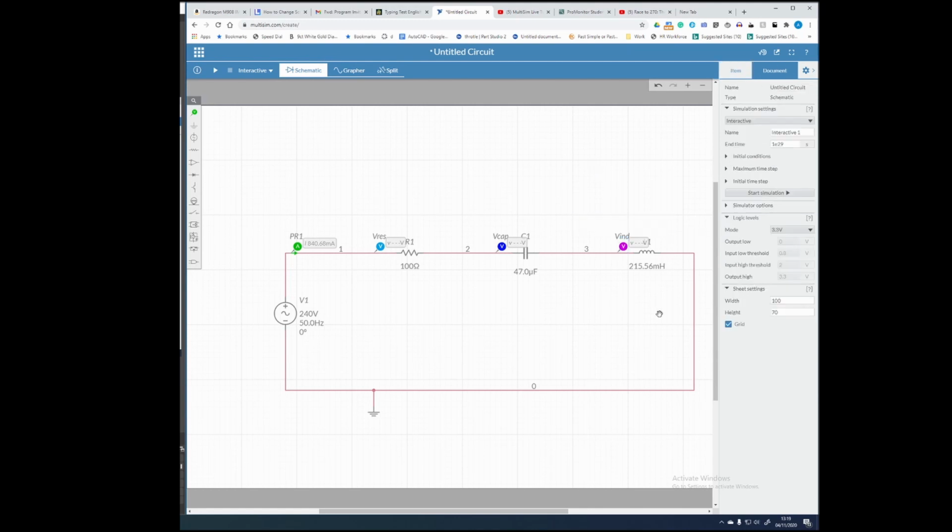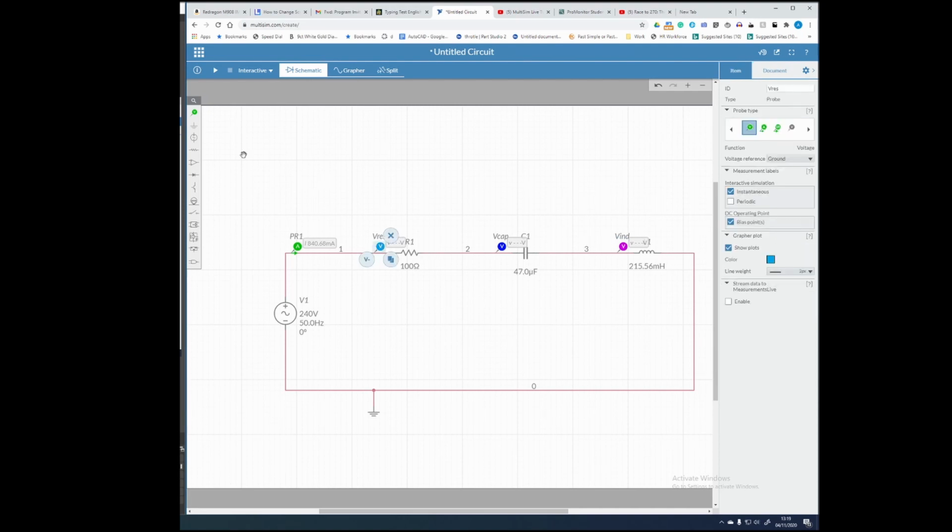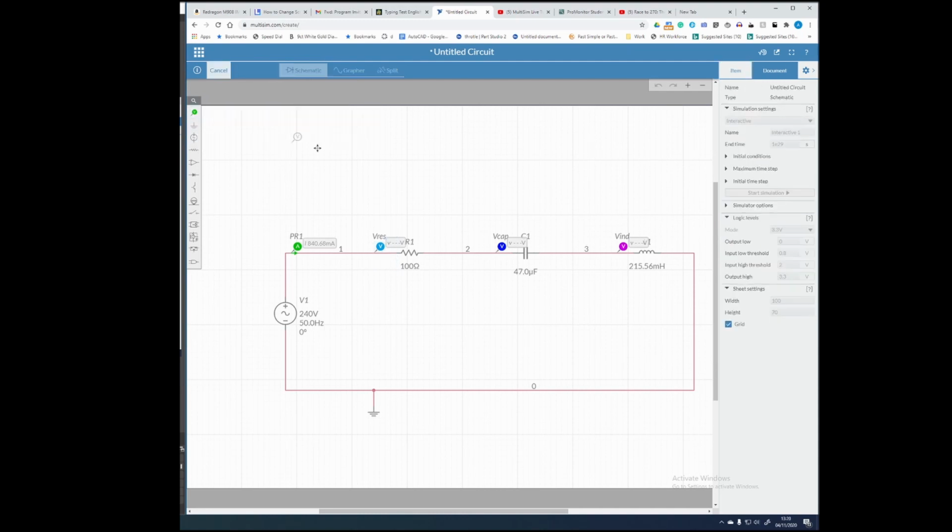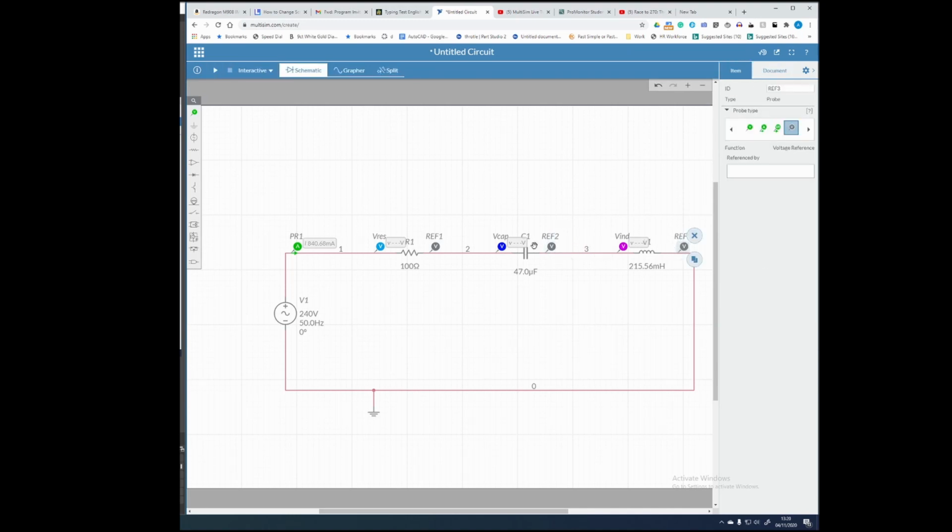And then each of these are obviously going to be referenced to the ground state rather than putting a reference value in. So we're going to put in references. So copy, another reference, copy, another reference.